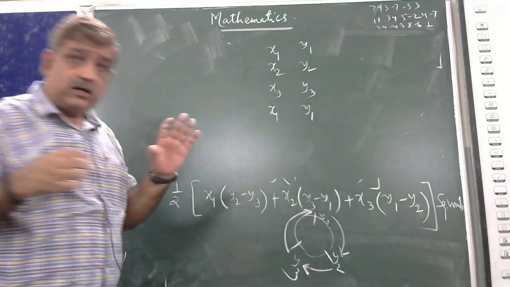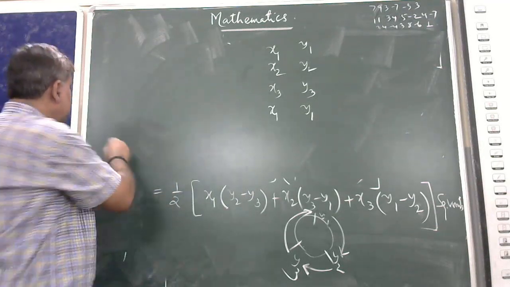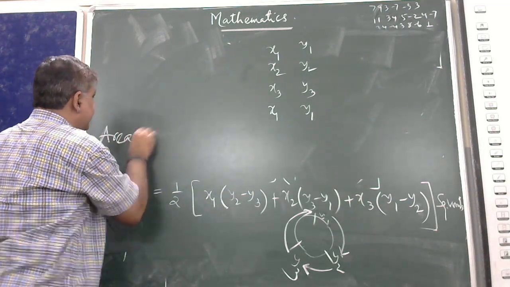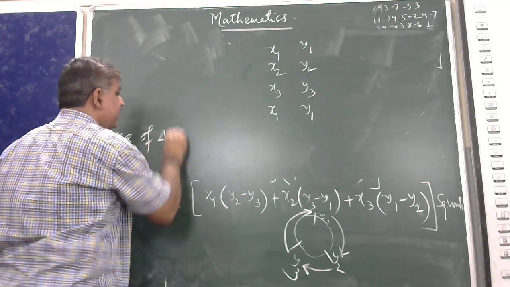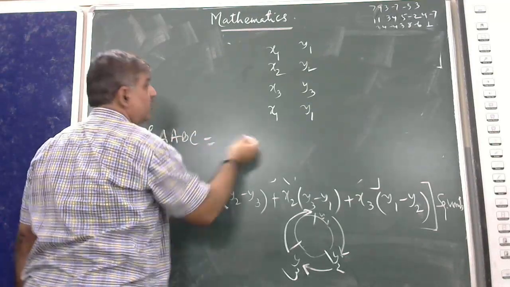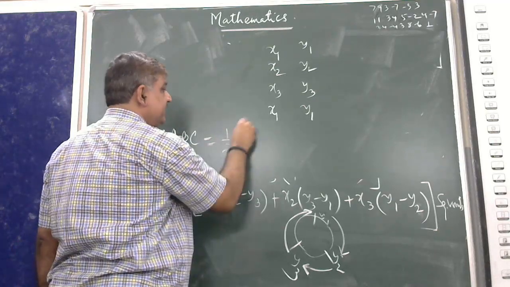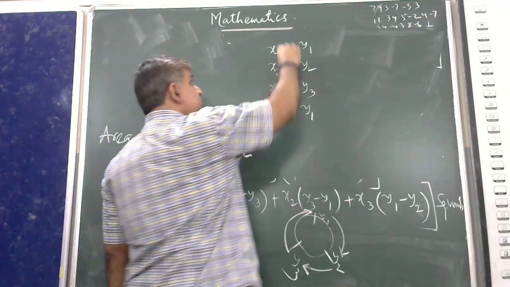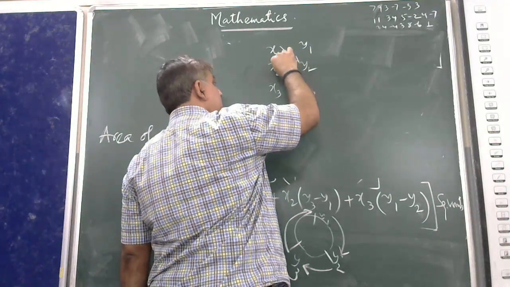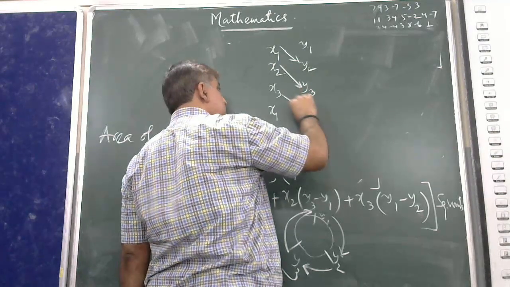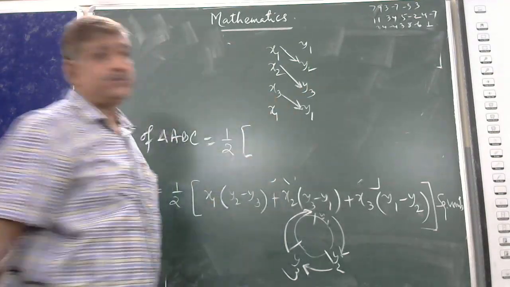Now if you are trying to write the formula, that is the area of triangle ABC, you can write it easily from this result. How? You see, area will be half, then in bracket you must multiply these terms in the first bracket.